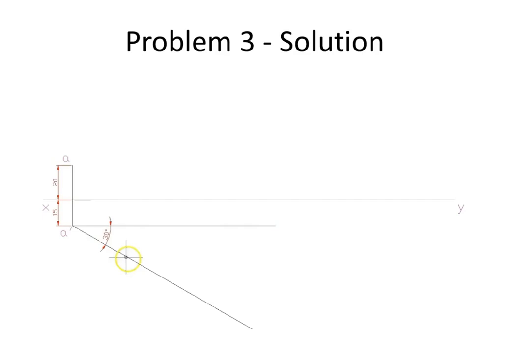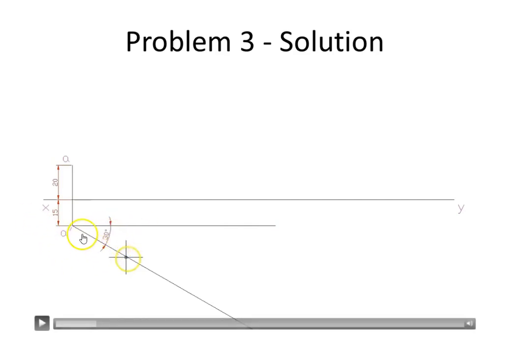So instead, the data given is the angle with VP, which will be nothing but the angle with XY line, so which is what we see here. And then we draw the true length, which is also given, which is at 100 mm. So with A dash as center, we draw the true length. So now we have completely positioned the other end with this angle and this length.